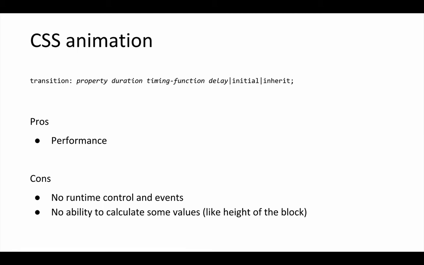But in general, CSS animation is very fast, and that is its pro, the performance. The con of CSS animation is that there are no callbacks, no events. You cannot say first do this, and after this is done, then do the next one. There are some instruments, but they are not really good enough.